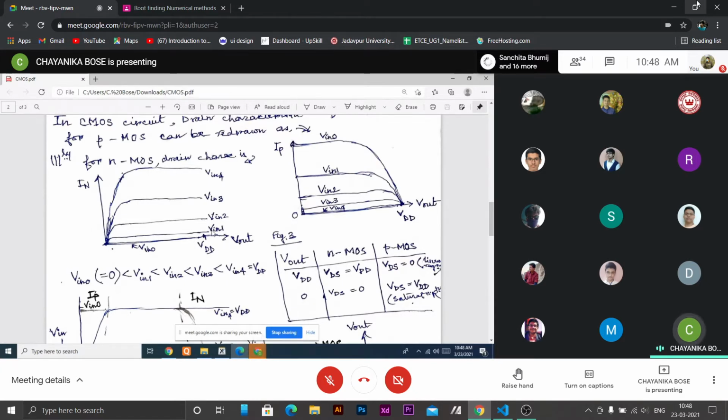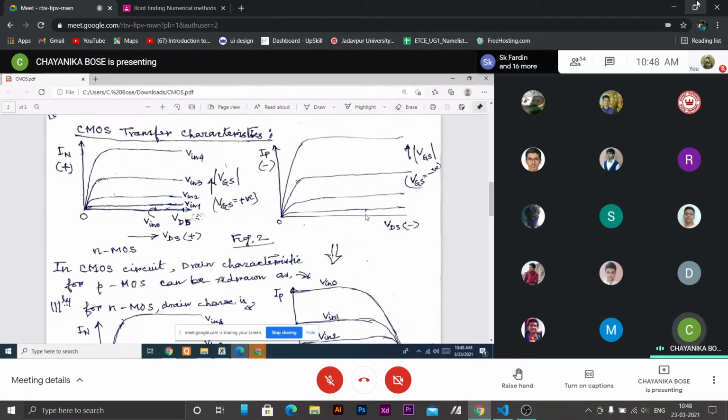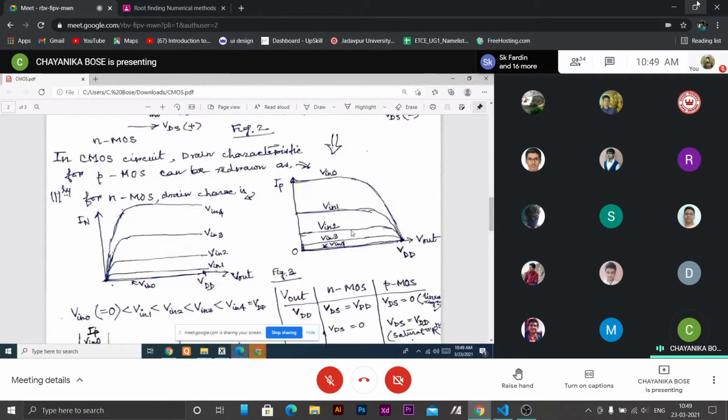And the V out VDD saturation region appears. The opposite occurs for the P type PMOS. This is now drawn as this one: linear at V out is VDD and saturation at V out 0. And these are the respective gate voltages, input voltages.